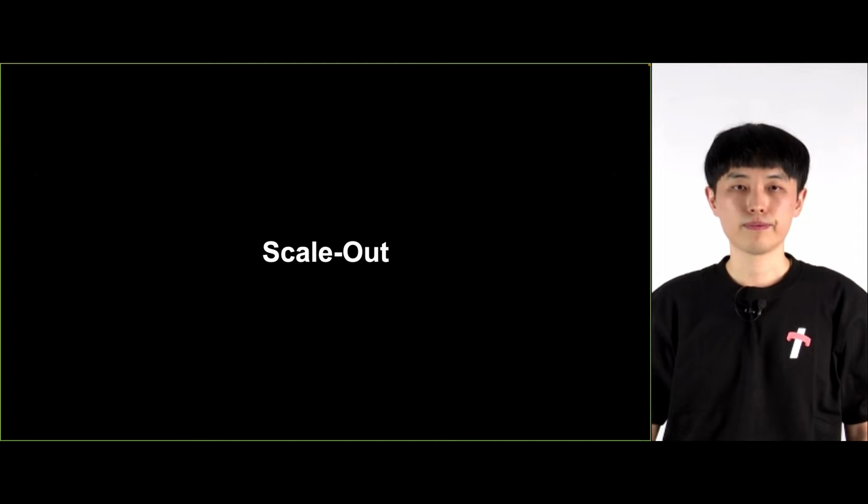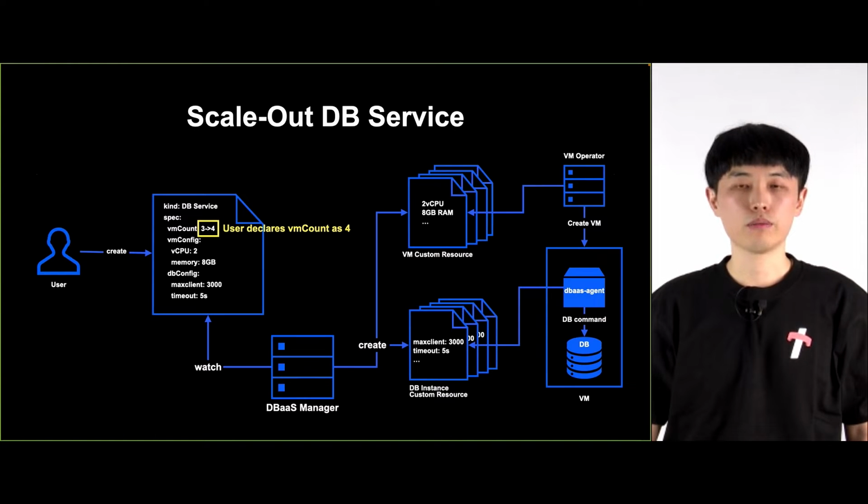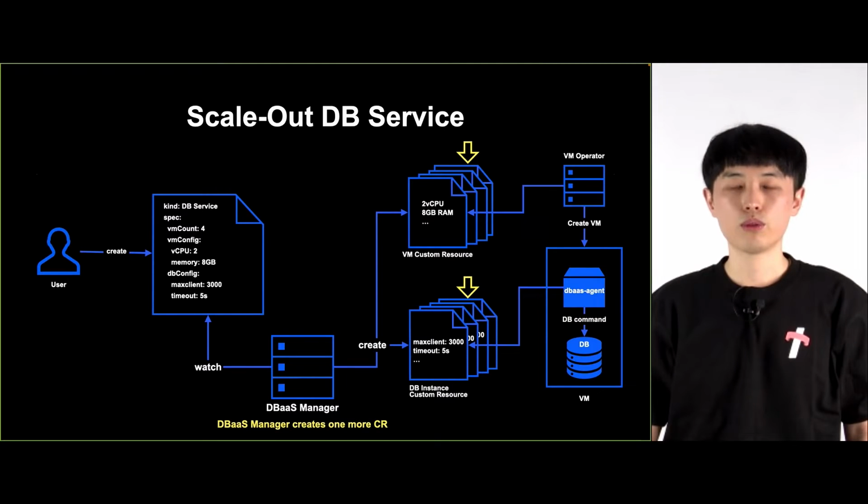First is scale out. The user will change the number of VMs from 3 to 4 in the already declared specification, and the DBaaS manager will sense that there is a difference in the actual number of custom resources and will create an additional VM and one more DB instance custom resource.